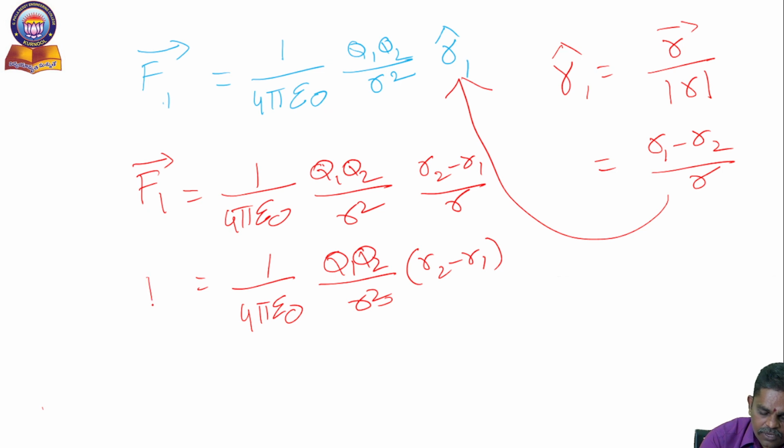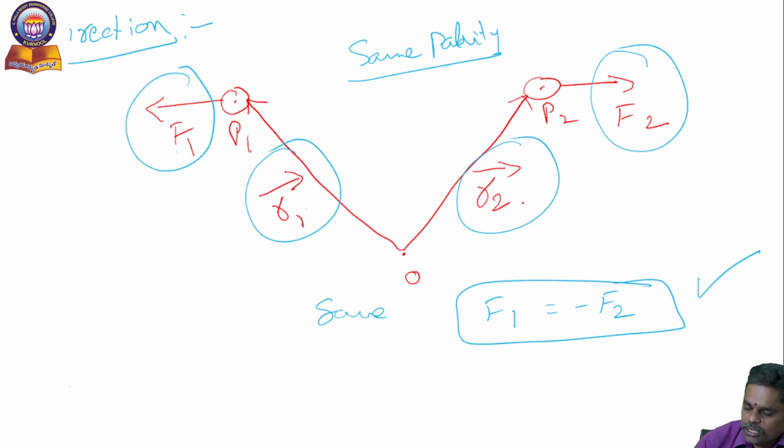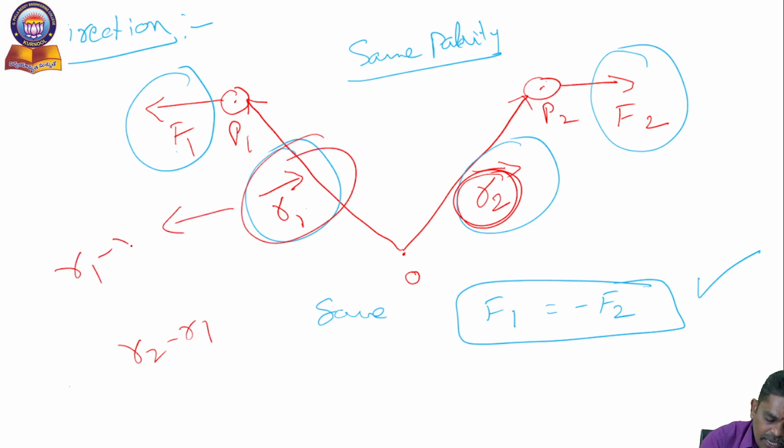This is for F1. If you go with F2, here we are concentrating on R1. For R2, what we are going to get is R by mod R, unit vector by mod R. For this one we are calculating R2 minus R1, and for the other we are calculating R1 minus R2.